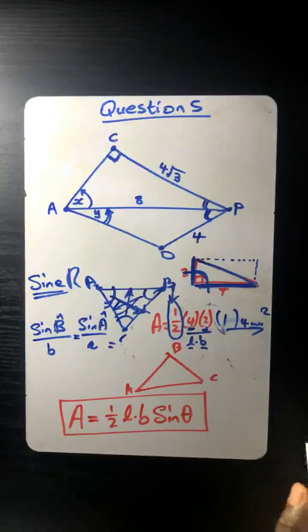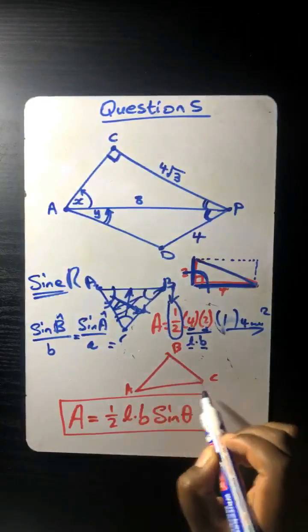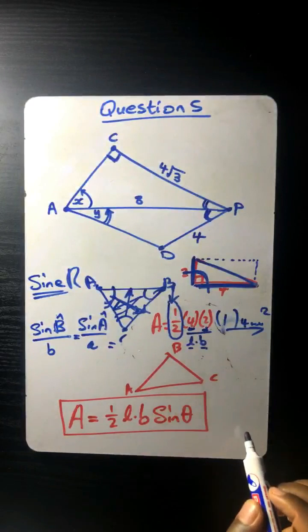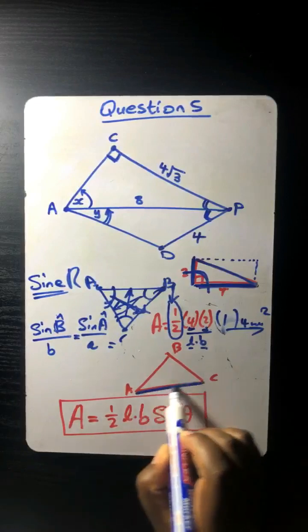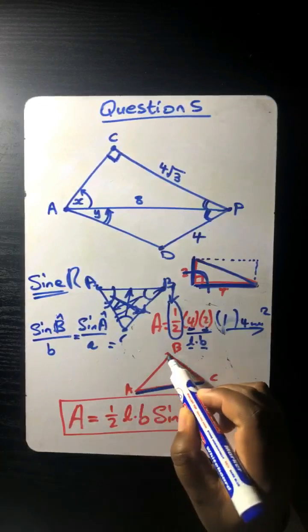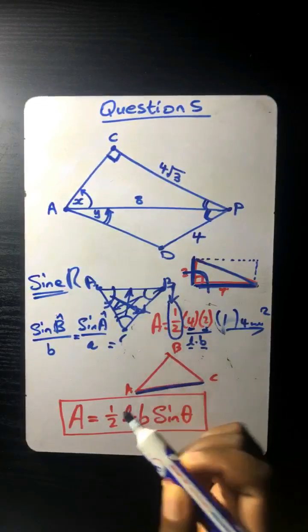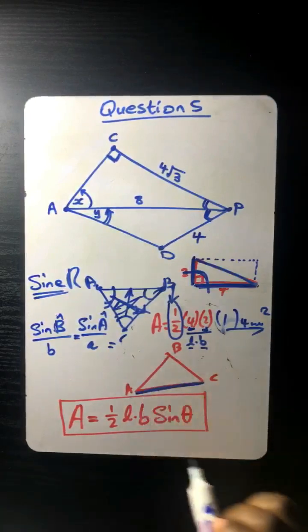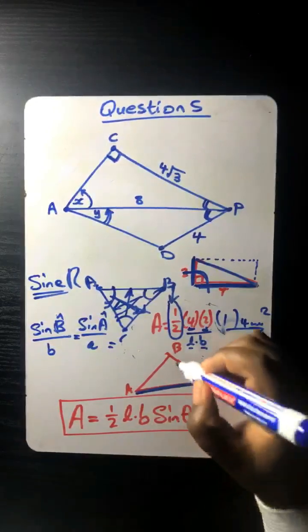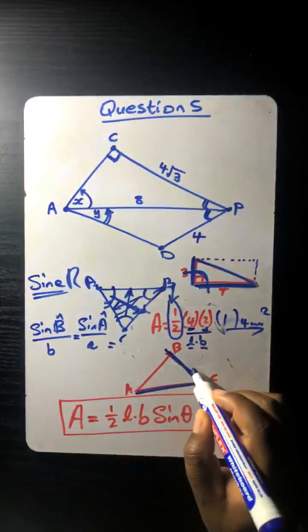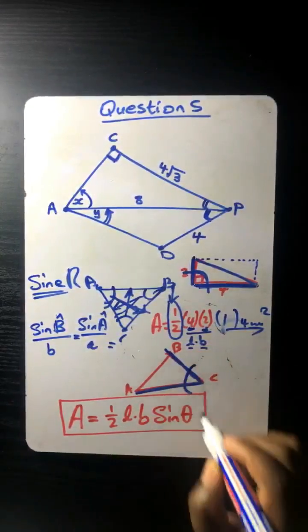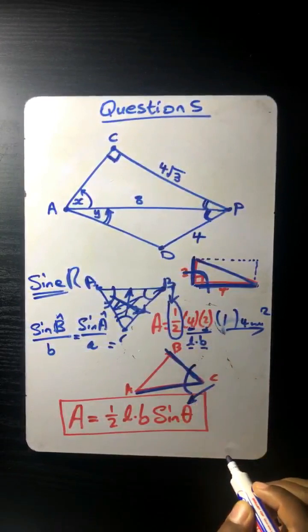Most importantly, in a situation where you just have a triangle, you are going to use this side also, if it's given, and then you're going to use an included angle. Or if it is that side and this side, you need an included angle, which you will substitute there.